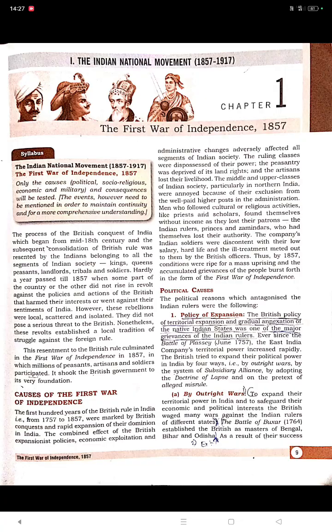As a result of this success, in the Anglo-Mysore Wars, 1767 to 1799, the East India Company, which means the British government, annexed most of the territories of the Mysore state.